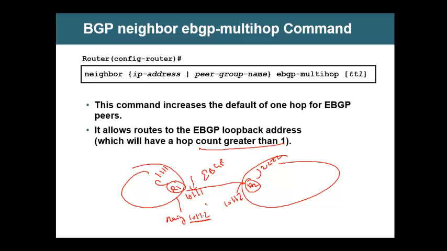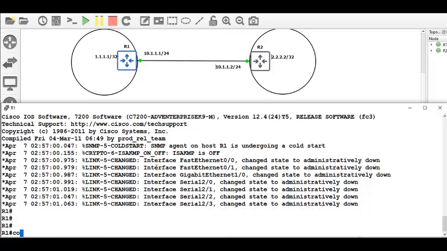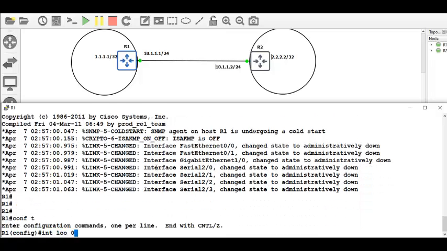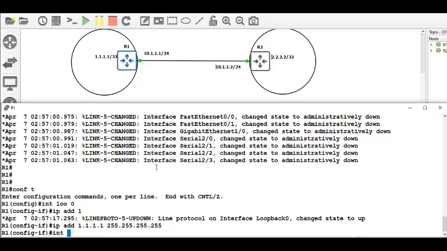Wait, let me do it and show you in parallel, only then you will understand this better. So we have these two routers between which we are going to form eBGP. Let me quickly configure the interface with the IP address. The interface name is F0/0.